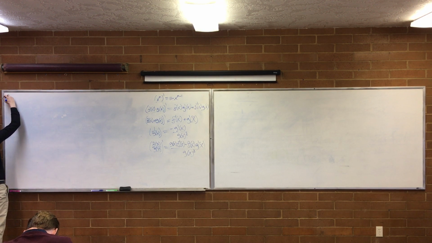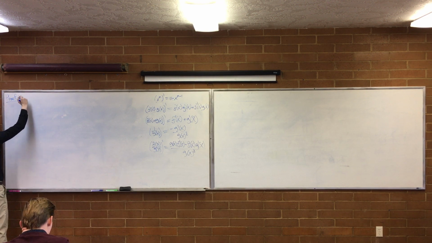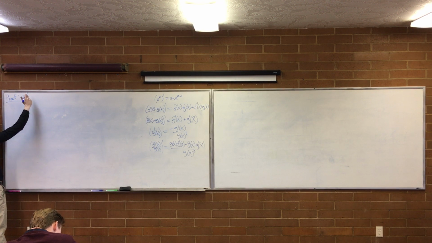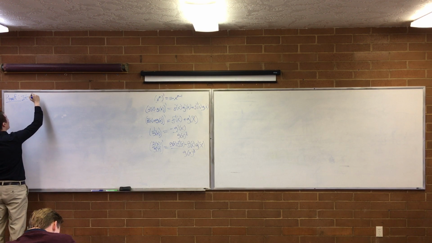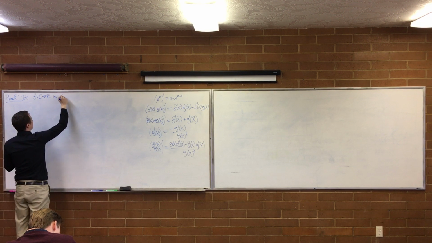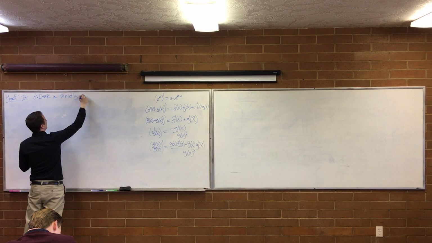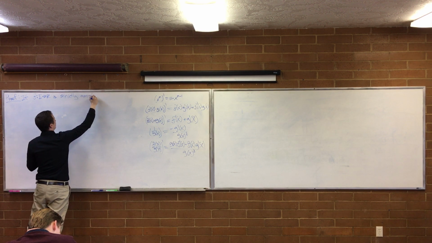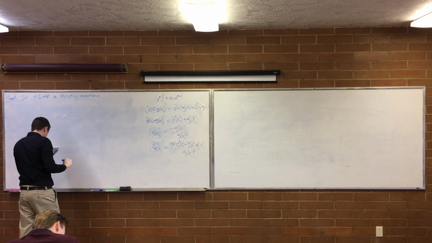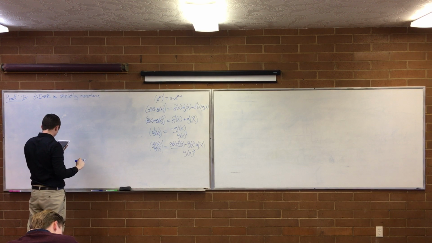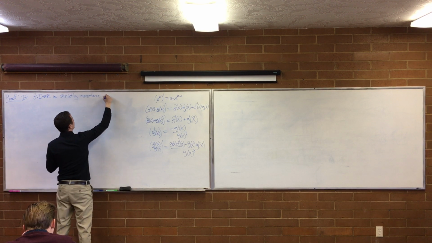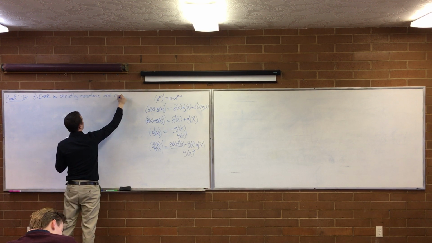So, if f from I to R is strictly monotone, I'll explain why that matters in a second, and continuous.